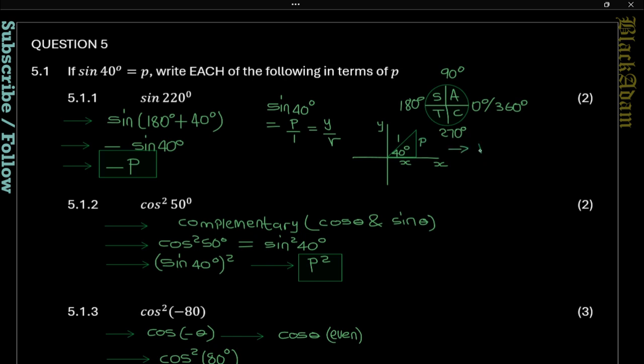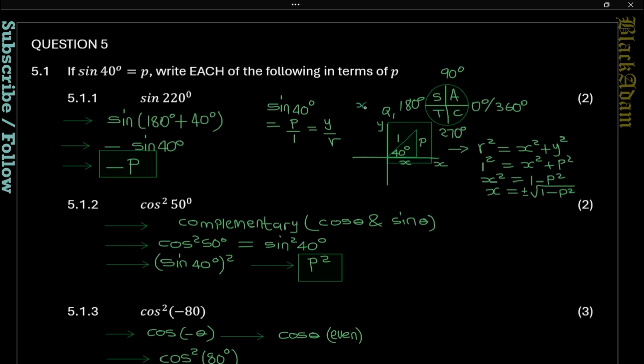So we use Pythagoras. r squared is equal to x squared plus y squared, which means we have 1 squared is equal to x squared plus p squared. And then x squared is 1 minus p squared, and x is going to be plus or minus root 1 minus p squared.